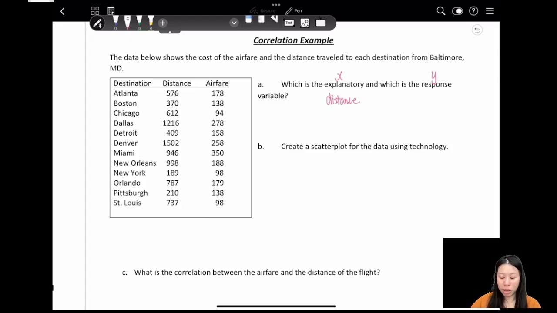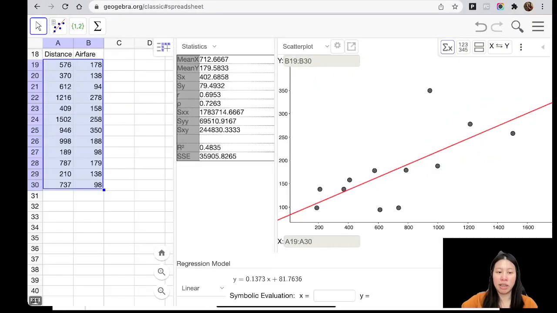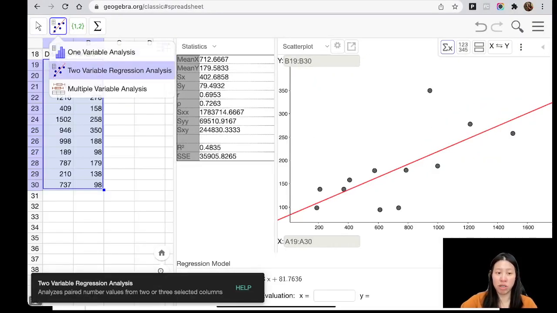And the Y, the response variable, also called the dependent variable, is our airfare, because the airfare is determined by the distance, not the other way around. So create a scatter plot for the data using technology. We just did it. We put the data into our spreadsheet and generated a two-variable regression analysis.